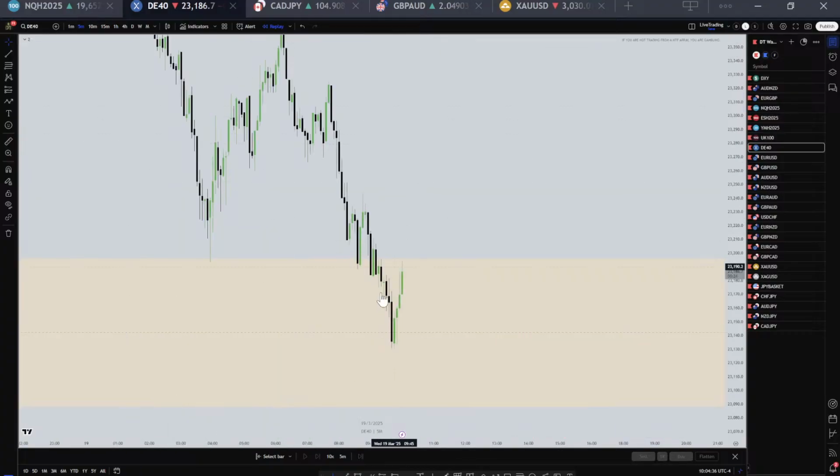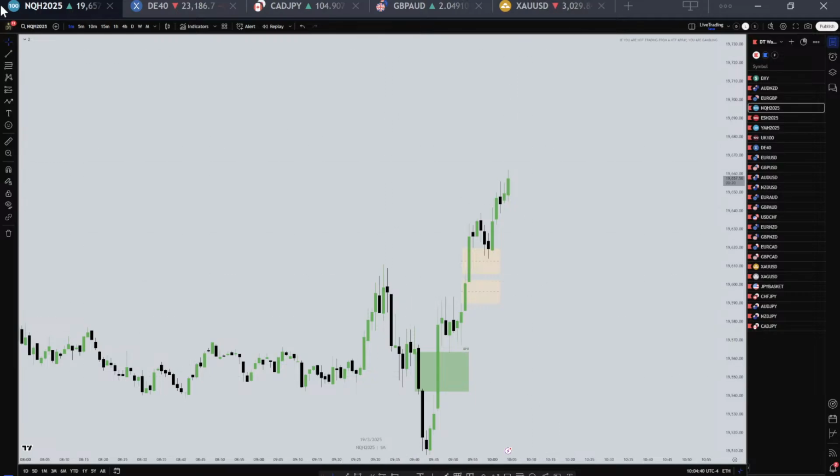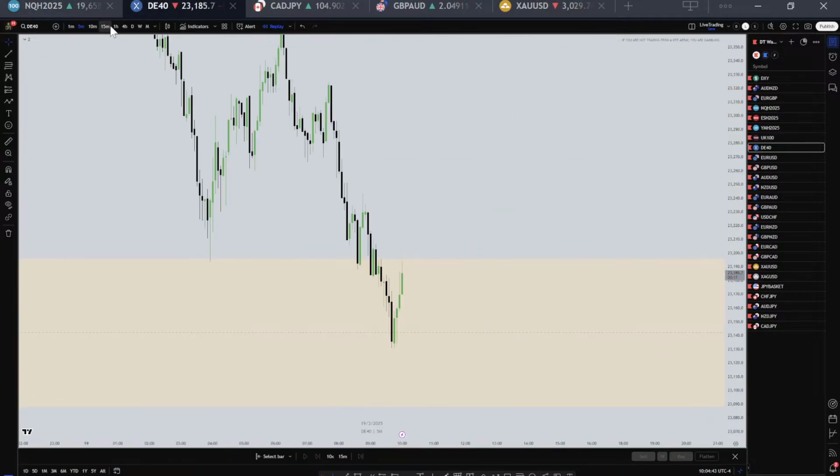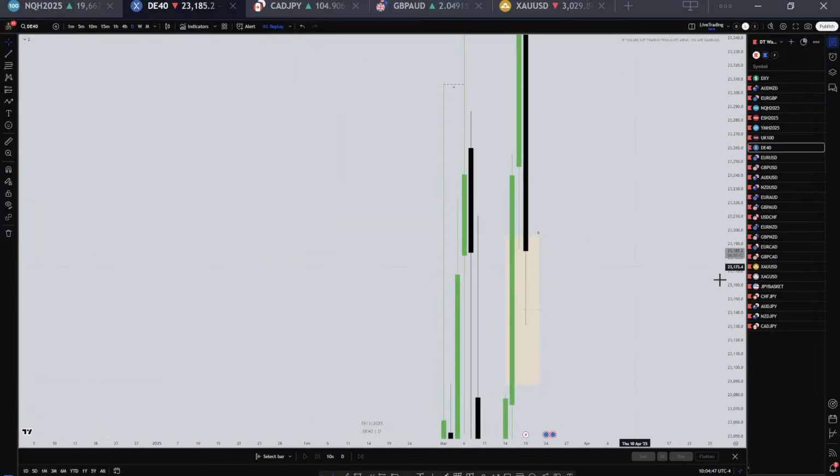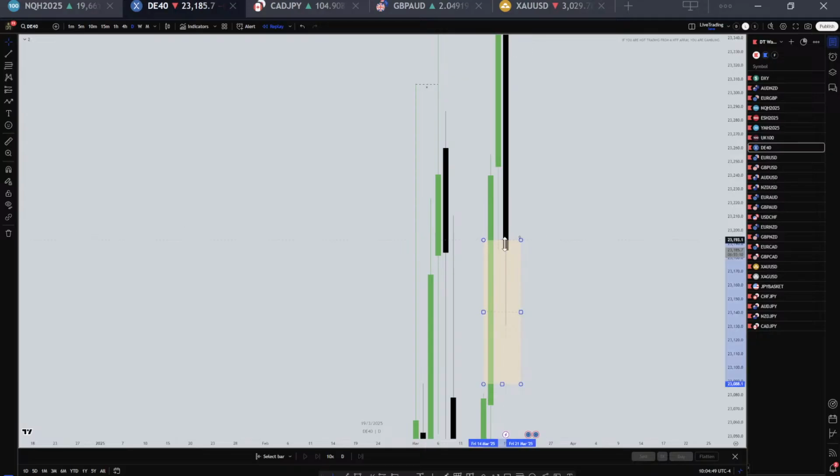Yeah, I'm looking at the German index for potential trade, following the up move from Nasdaq. Daily bullish value gap.